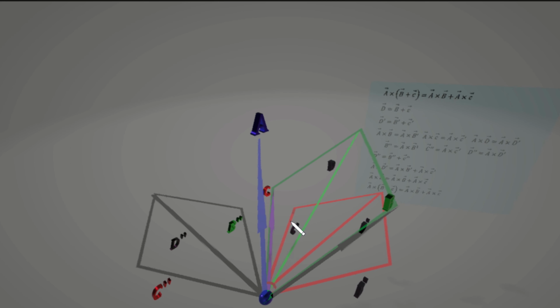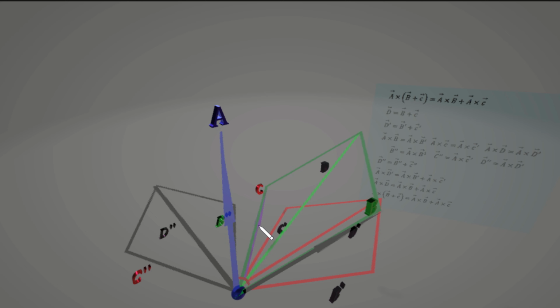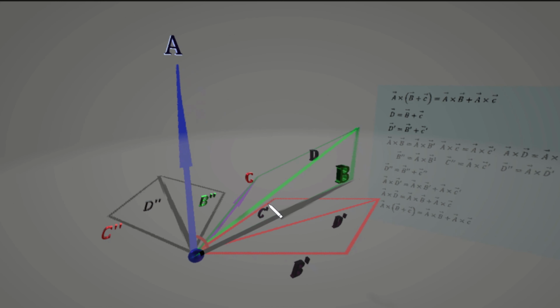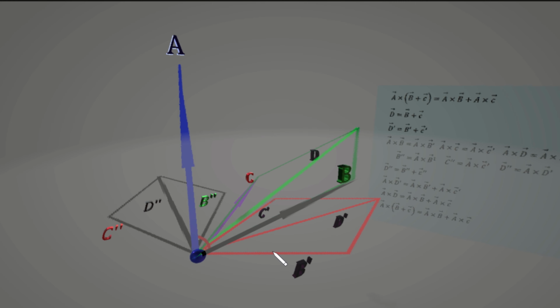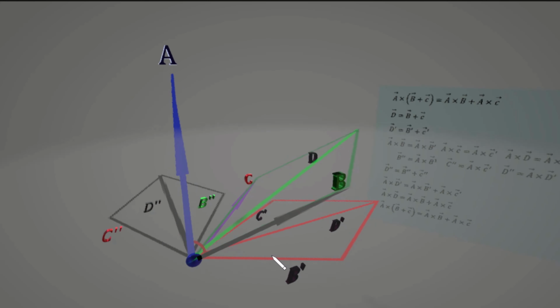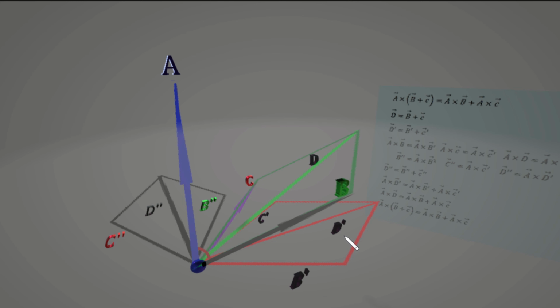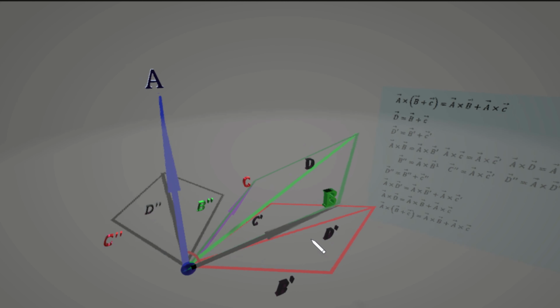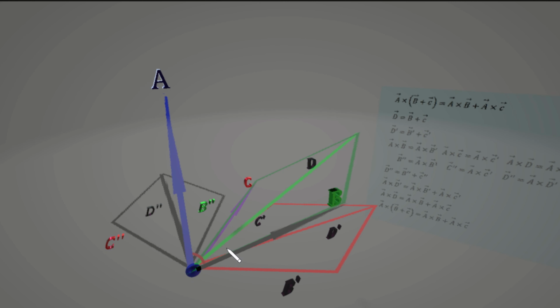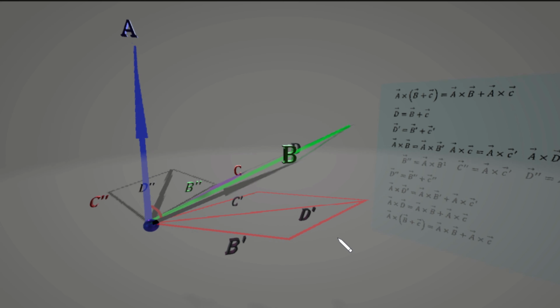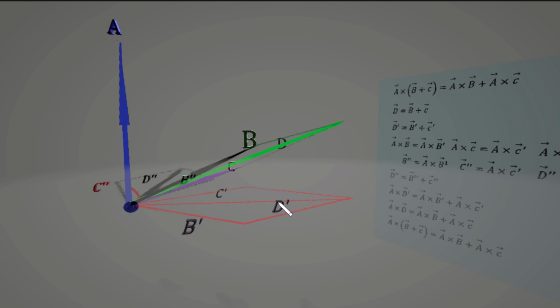Let us take the angle between A bar and C bar as alpha. In that situation, C sin alpha is C prime. Similarly, the component of D onto a plane perpendicular to A bar is D prime. D prime is D sin beta. Let us assume the angle between A bar and D is beta. So D sin beta gives D prime.